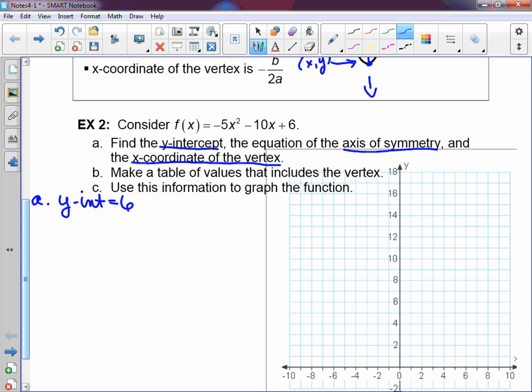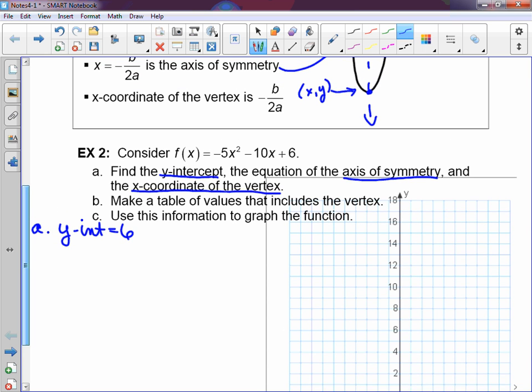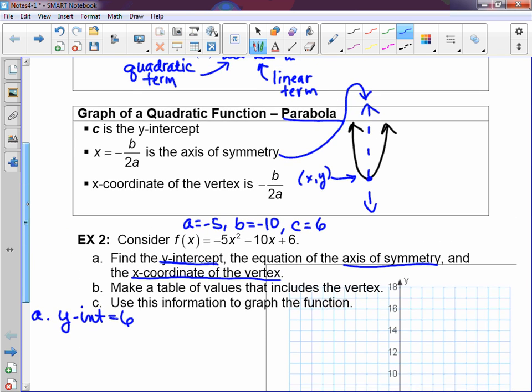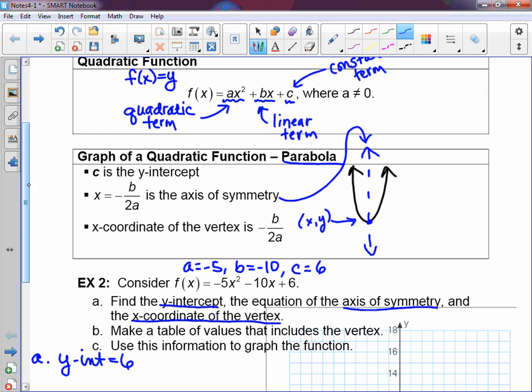Axis of symmetry. Sometimes it might be helpful to just go ahead and write that a is -5, b is -10, c is 6. See where I got all those numbers? Go back up to the top, and that's my a, b, and c represented from my quadratic function.